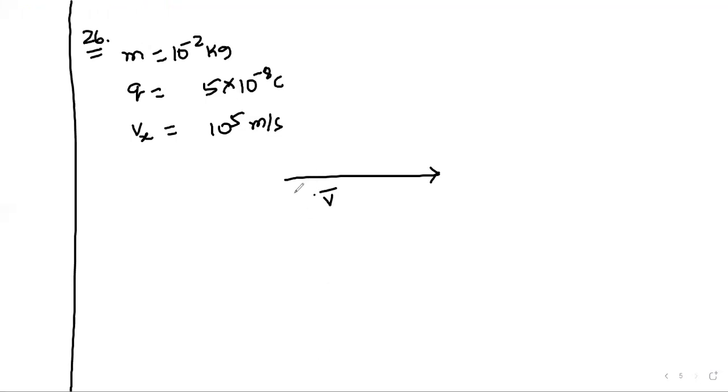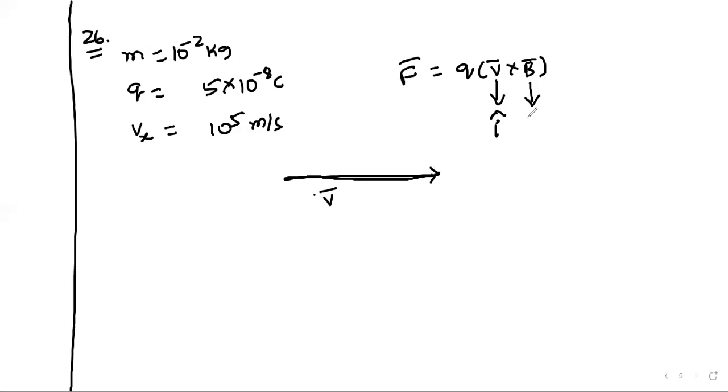Otherwise, if velocity is in this direction, F bar equal to Q into V bar cross B bar. So it is i cap, and this one is B bar.